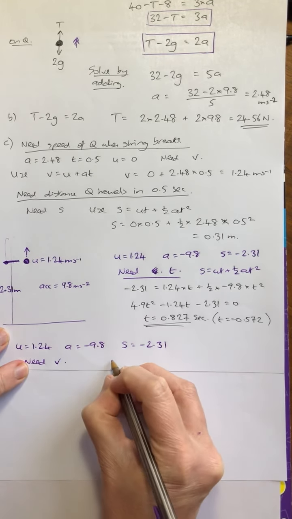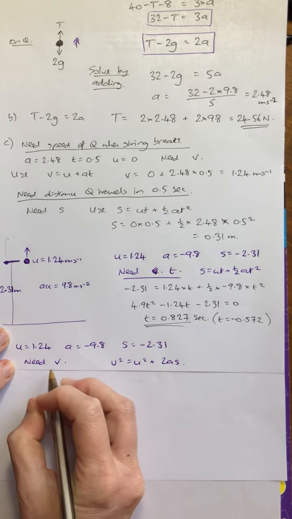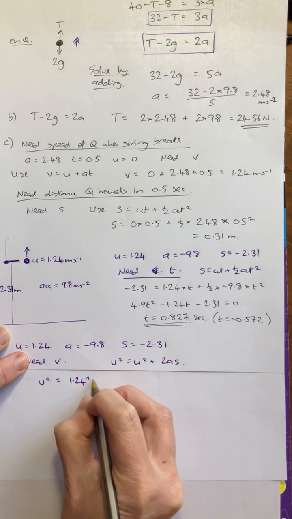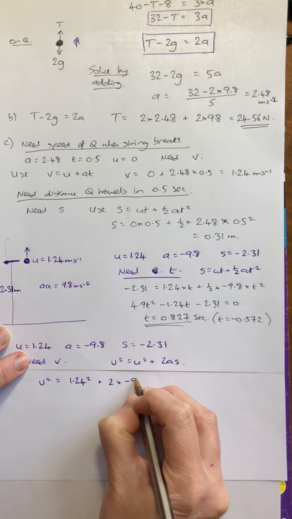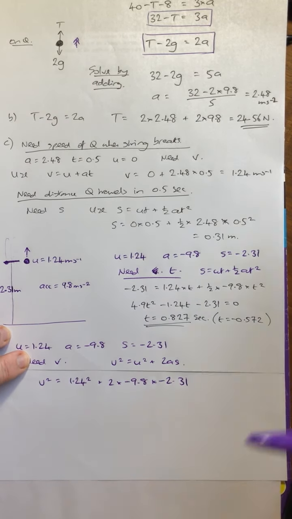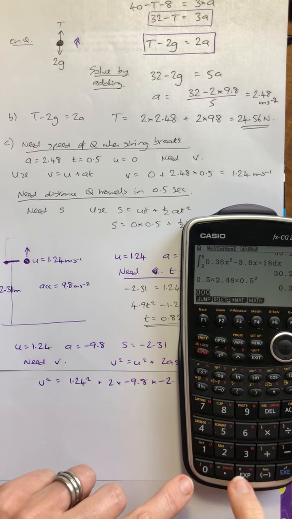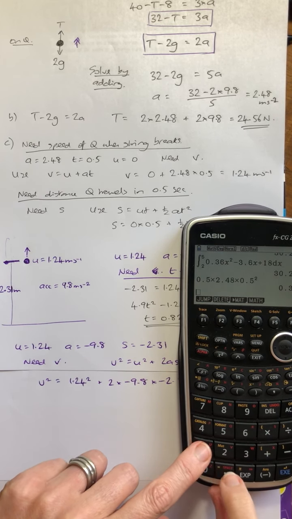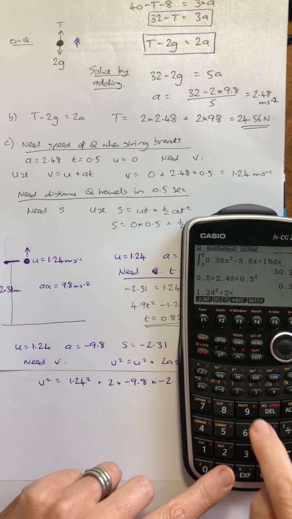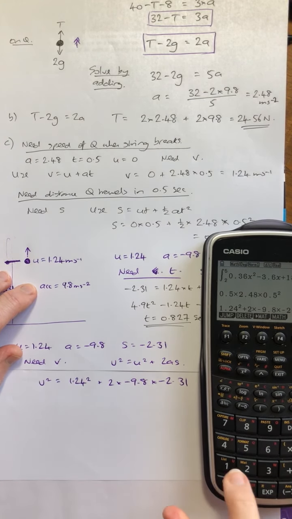The equation connecting all of these is v squared equals u squared plus 2as. So v squared is 1.24 squared plus 2 times negative 9.8 times negative 2.31.